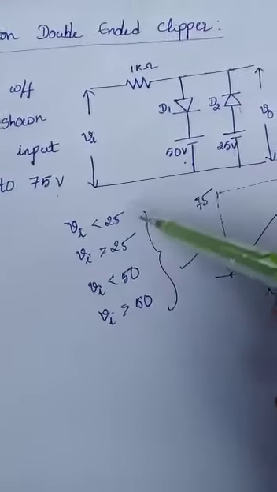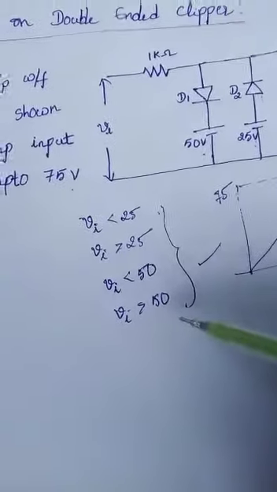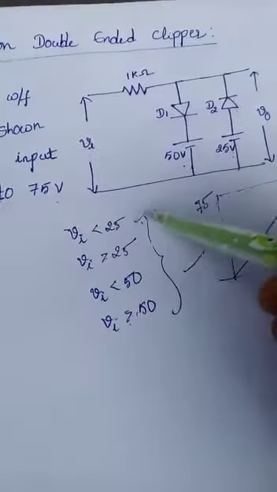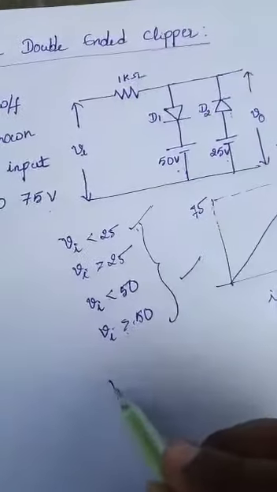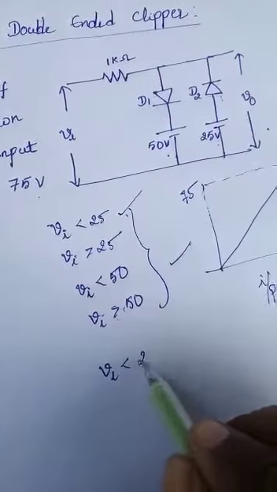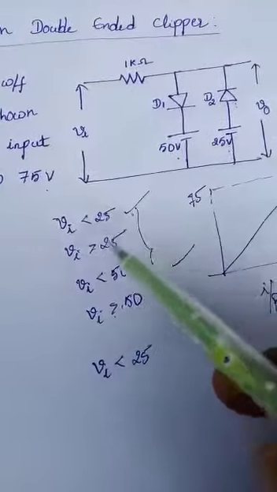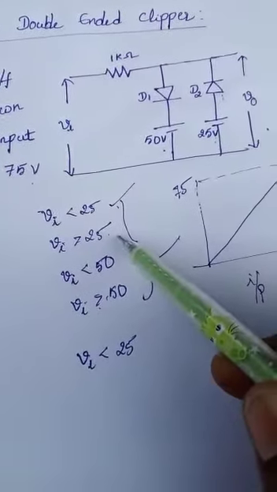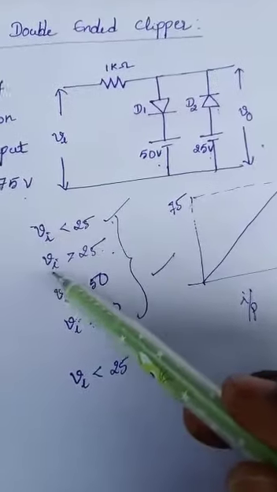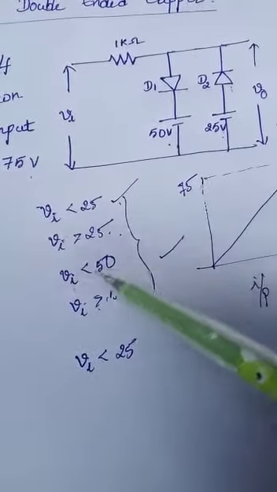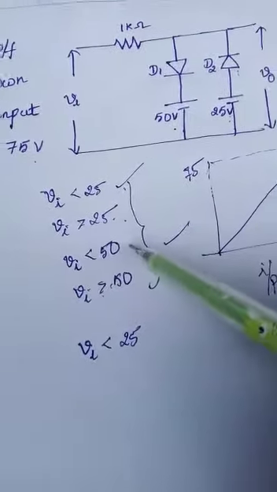We are going to minimize these four conditions into three. The first condition is Vi less than 25, the same as it is. Observe the second condition, Vi greater than 25. What is the meaning of this? Input voltage is more when compared to 25 volts. And observe the third condition: input voltage is less when compared to 50 volts.